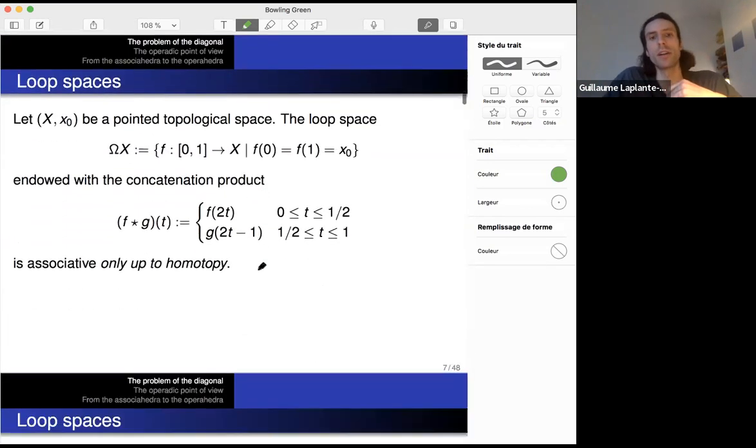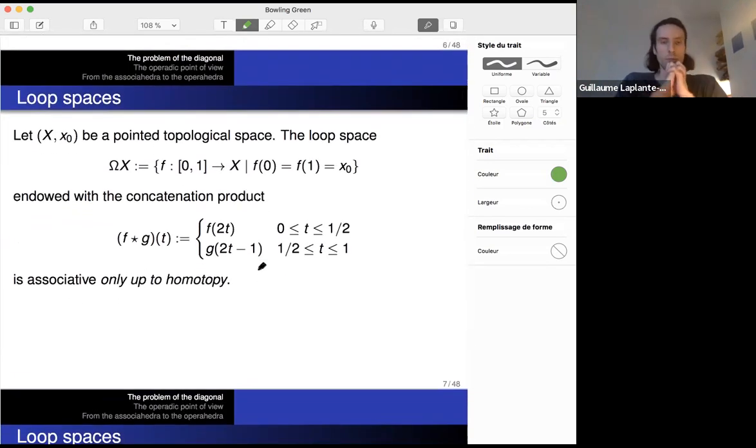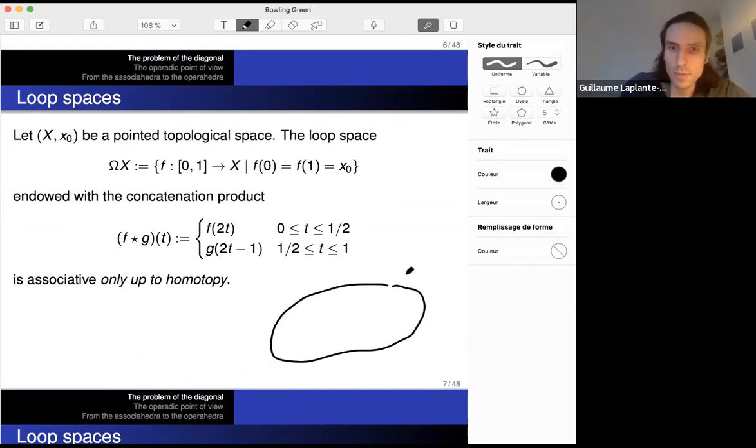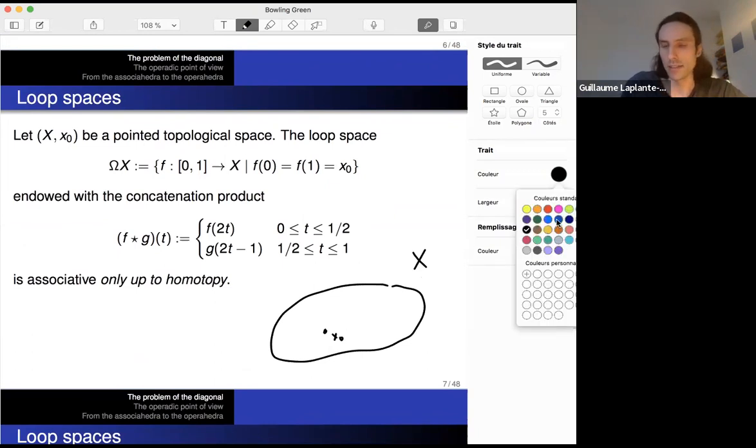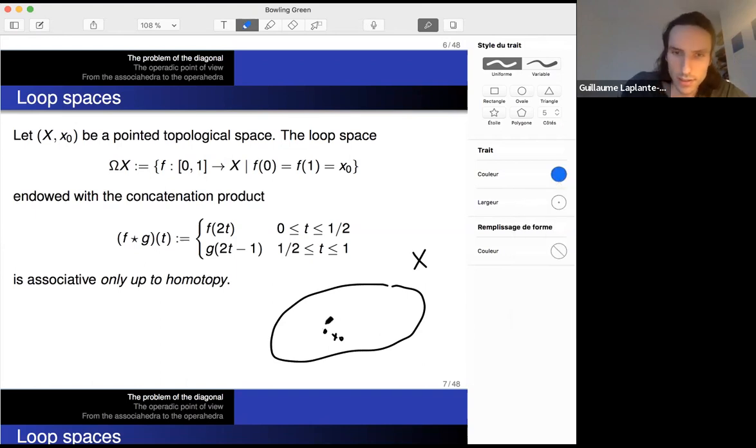Okay, so let me talk very briefly about loop spaces. If you have X a topological space, you choose a base point, and then you look at all the loops. Let's say you have your space X here, you have a point x0, and you look at the set of all loops, that is, paths that start and end at this point x0, and you endow them with a concatenation product.